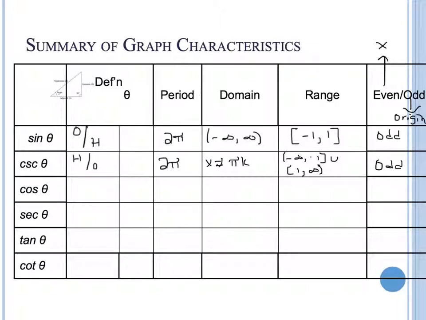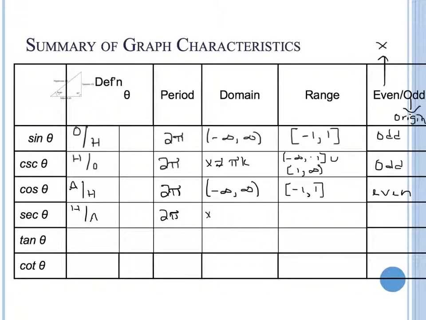Let's see about cosine. Cosine is adjacent over hypotenuse. Period is 2 pi. Domain is -infinity to infinity. Range is -1 to 1. It is even. Secant is hypotenuse over adjacent. Period is 2 pi.